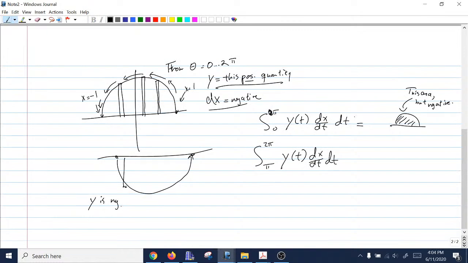So just like when you integrate a negative function, you get negative values. I'm going to get this area but negative because it's below the x-axis. But my dx is positive. So I'm not getting a weird negative thing here. So I'm going to end up with this area, but negative.